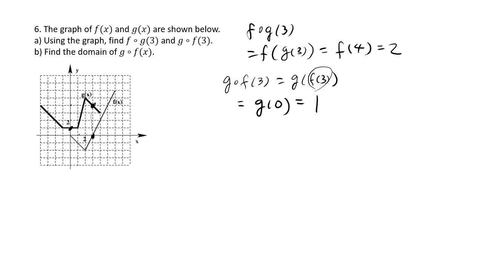Okay, now find the domain of G circle F. That's tricky. But again, write it like this and then you're going to think. Here's the question. The domain is the allowed values of x, right? The values that are allowed to be plugged into x.